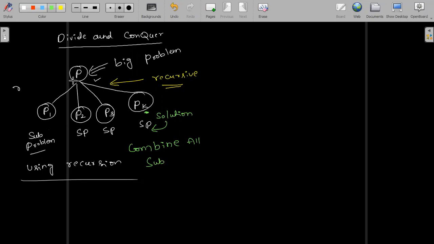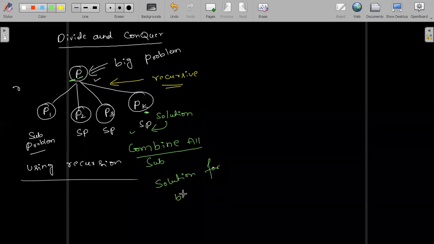Again, you will get a solution for this particular problem. For every sub problem you are getting a solution. All those solutions will be combined together. You will get a solution for this particular big problem. So finally you got the solution for the big problem.